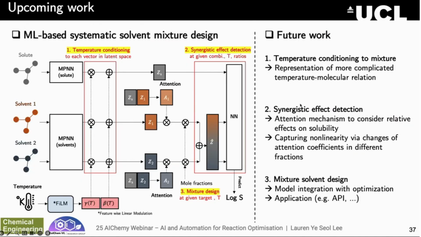Based on this, we are also currently working on binary mixture solvents. Hopefully we can present some results on this binary mixture case. And we definitely want to use this predictive model to design greener solvents, basically to reduce the use of toxic solvents such as DMF.